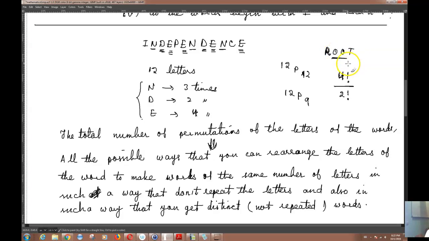They create repeated results for you. So you have to take care of those things, which is basically N, D, and E in this case, so that you don't get repeated results, or in such a way that you get distinct words in your results.